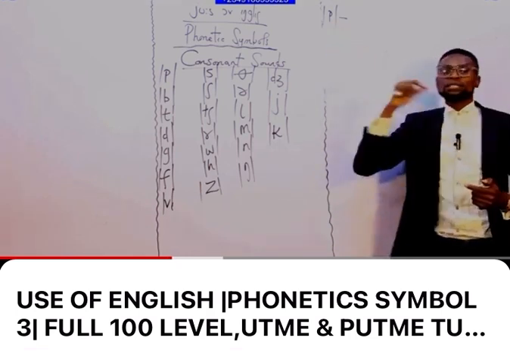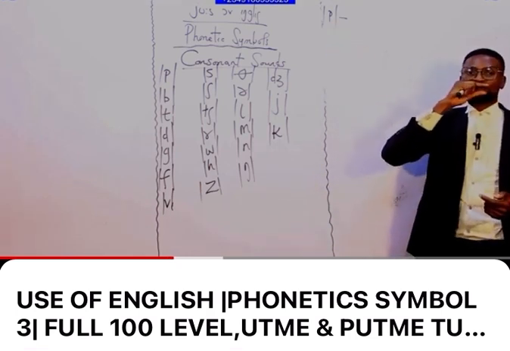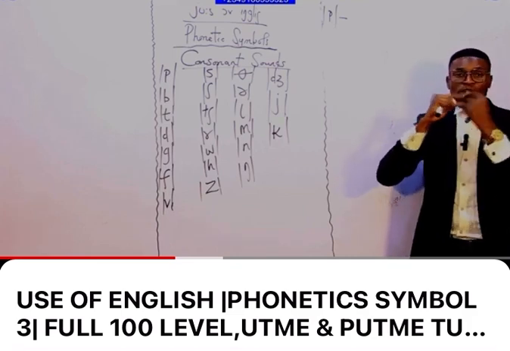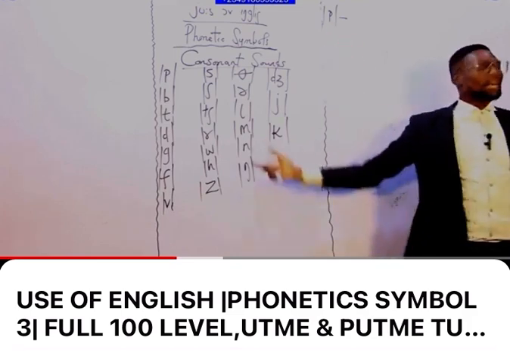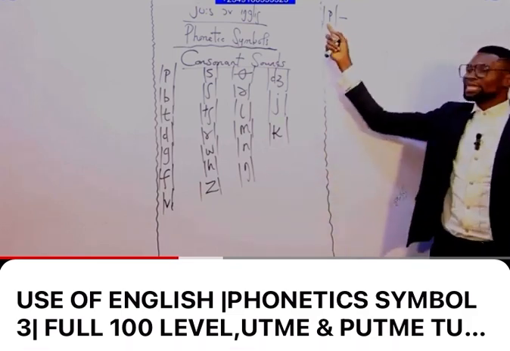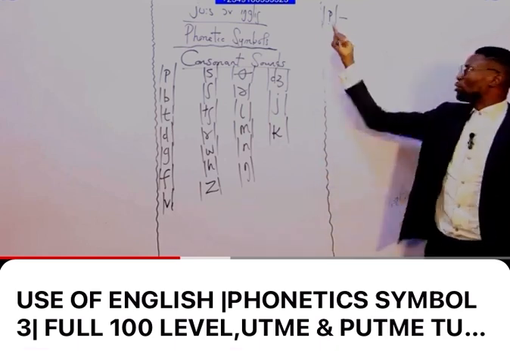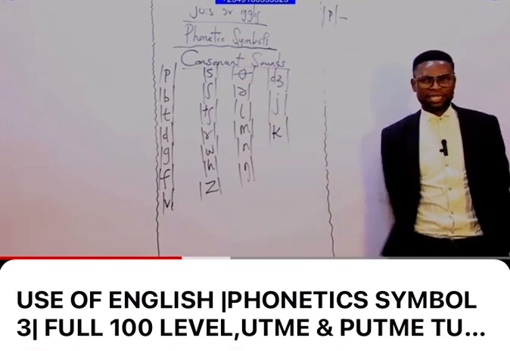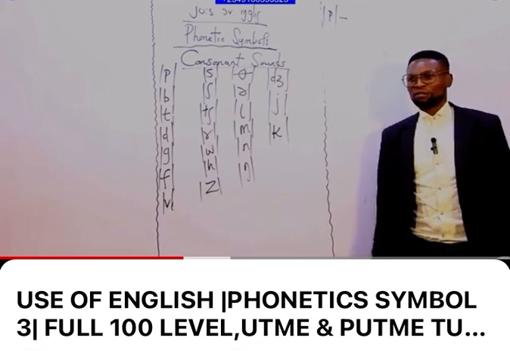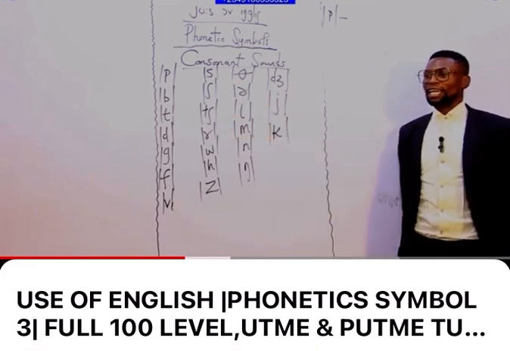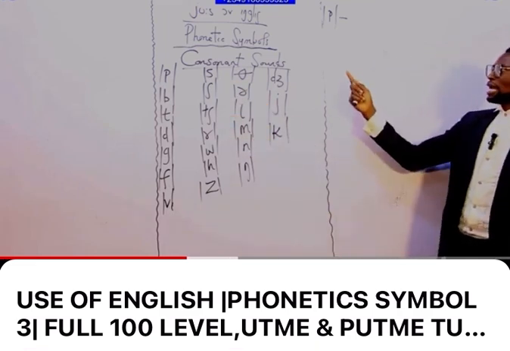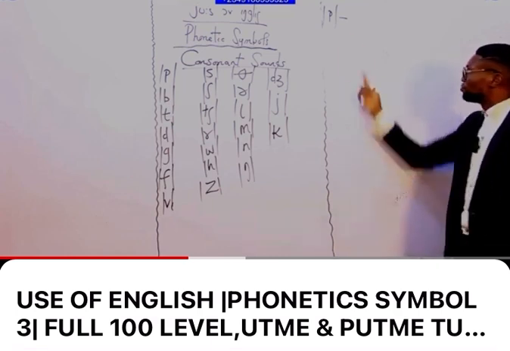It is bilabial because it has my two lips in the production of the sound, and it is voiceless. So if I'm to describe this, I will say voiceless, bilabial, plosive. But we are not going into this aspect of English because they won't ask us this in our exams, except those that are studying English in full.